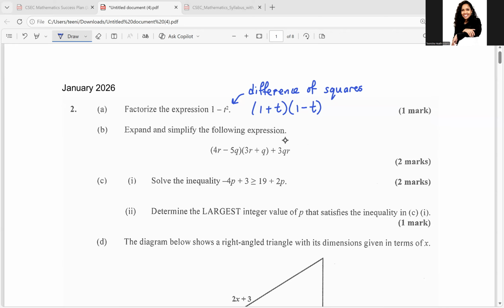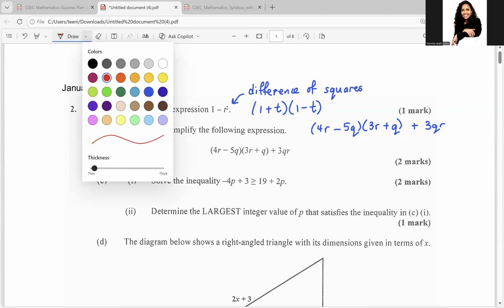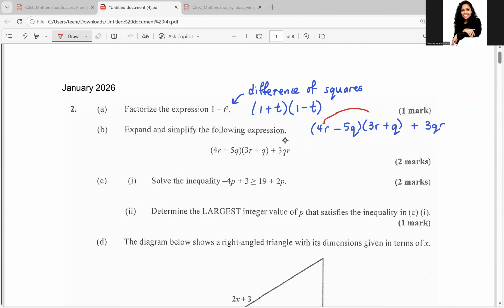So if you have 4r minus 5q times 3r plus q plus 3qr, what you do is take the first term here and multiply it by the first term in the other brackets. So that'll be 4r times 3r. 4 times 3 is 12, and r times r is r squared.